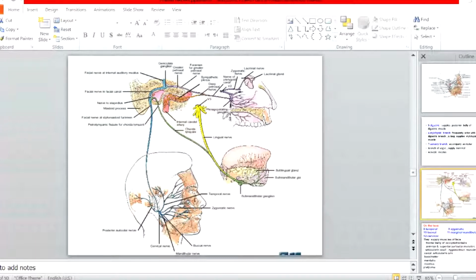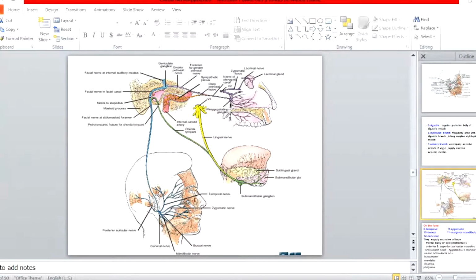Then the motor component of the nerve divides into 5 terminal branches. Now, if you know from your embryology, the second pharyngeal arch gives rise to all muscles of facial expression, to occipitofrontalis muscle, to auricular muscles, to the posterior belly of digastric, and to a muscle of the middle ear, which is the stapedius muscle.